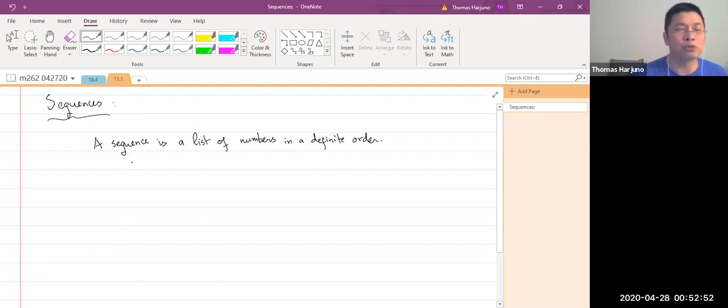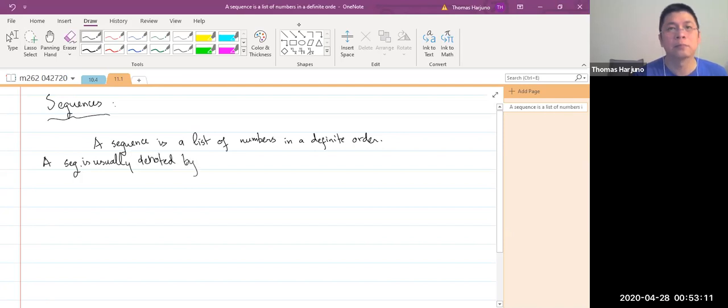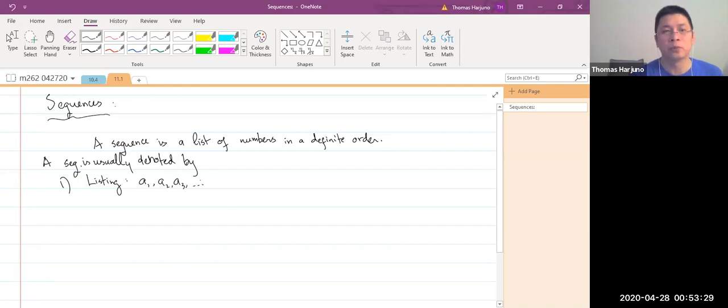Now, a sequence is usually denoted in one of several ways. The first one is the listing method, by listing A1, A2, A3, and so on, where A_i is the ith term.